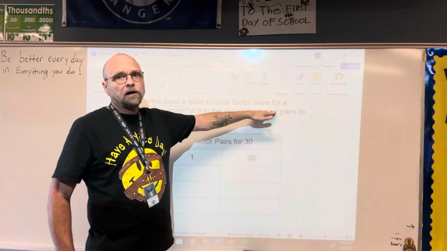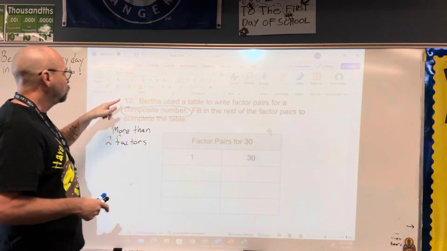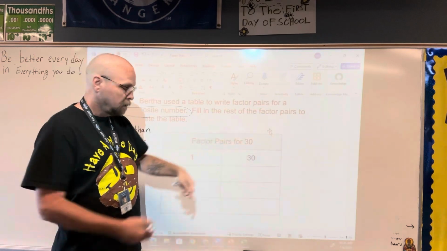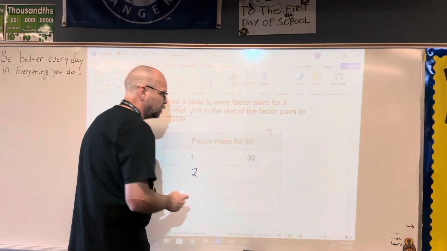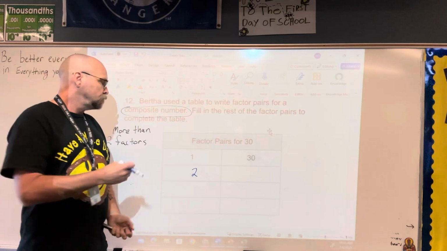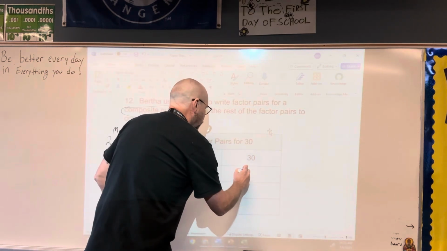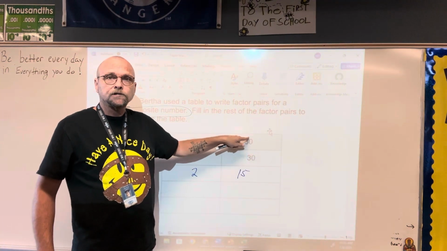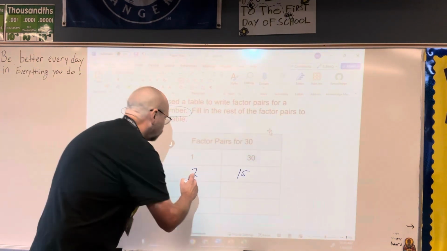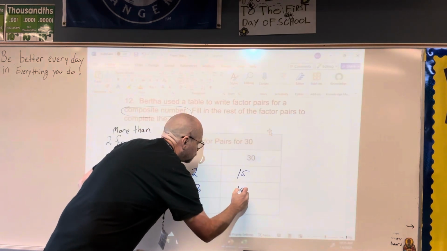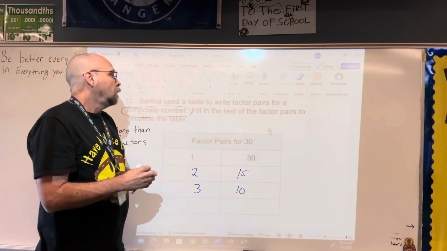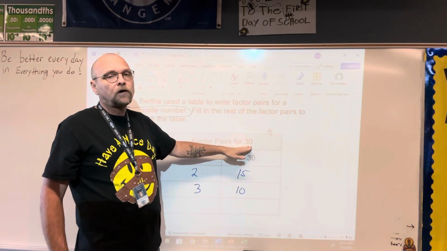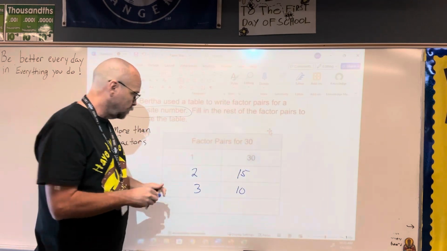Well, factor pairs. What multiplies together to equal 30? Well, 30 is an even number, so 2 is a factor of every even number. So when we ask ourselves, 2 times what equals 30? 3, if I add the digits together, 3 plus 0 is 3. 3 is a multiple of 3, so it would be 3 times 10. 5 is a factor because it ends in a 0.